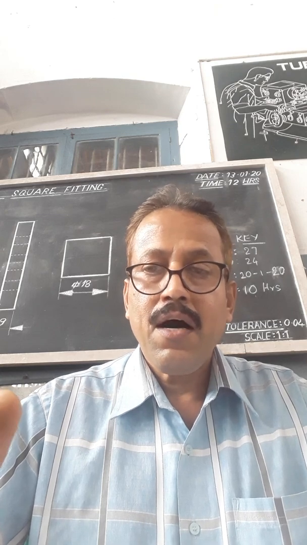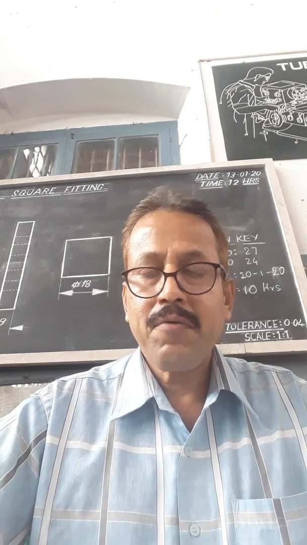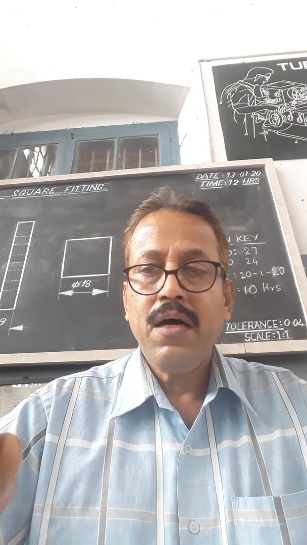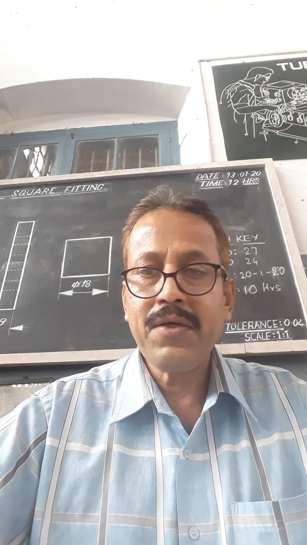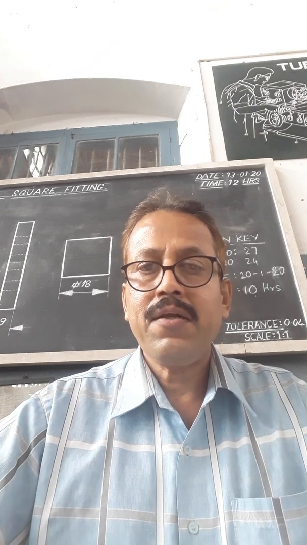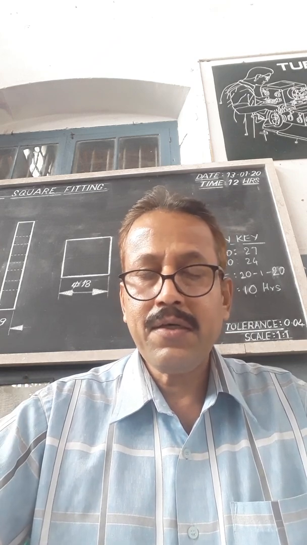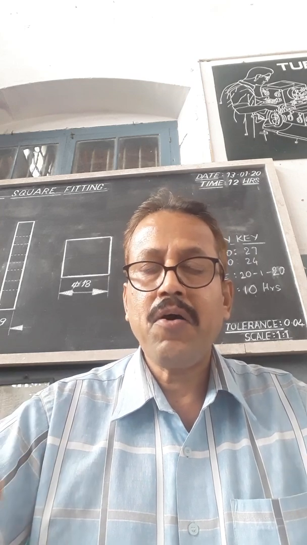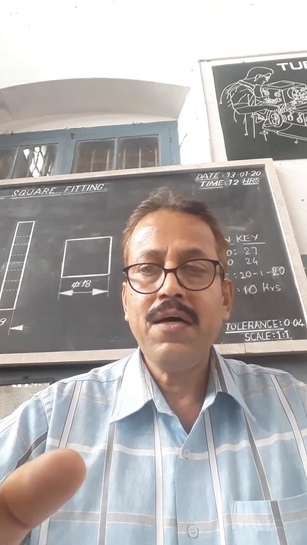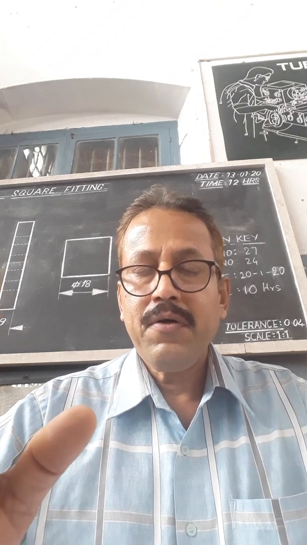These are made from good quality, mostly chrome vanadium steel, a stable steel. They have almost zero thermal expansion. When the atmospheric temperature changes, these gauges will not expand or contract. That means the size of the gauge is kept constant.